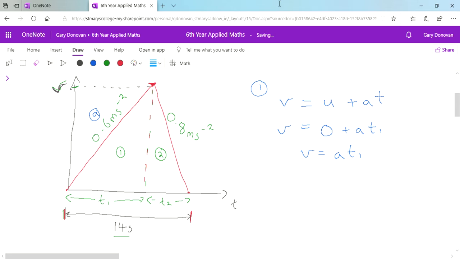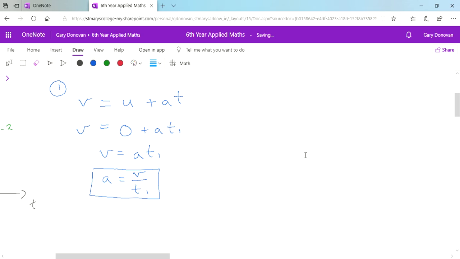Rearranging, acceleration a equals v divided by t1, which is an expression for the first acceleration. I'm going to do the same now for section 2. For section 2, v equals u plus at. For stage 2, the final velocity is 0.